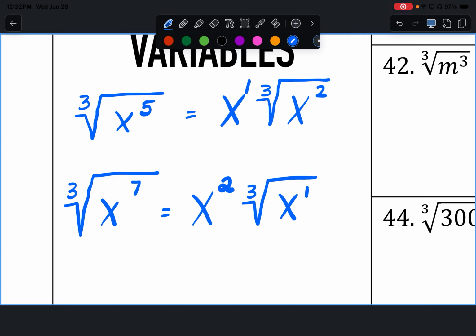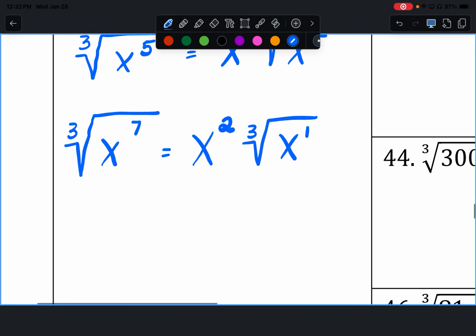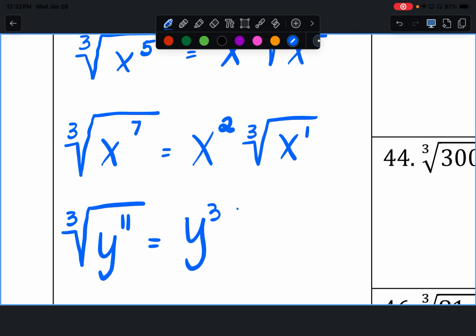There we go. Confused myself there for a second. All right, one more. If we have the cube root of y to the 11th, okay, how many times can 3 go into 11? 3. Okay. And then how many would be left over?